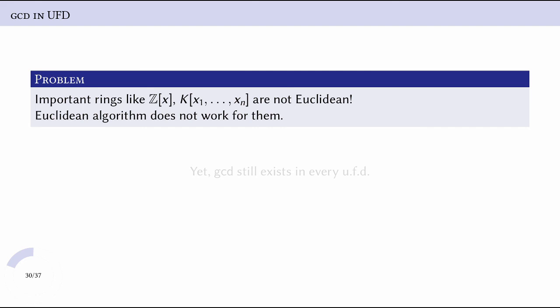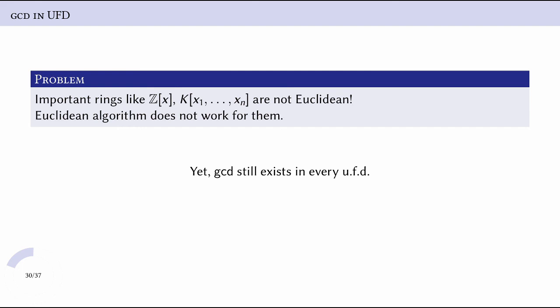We don't have division with remainder, so the algorithm does not work there. Nevertheless, the greatest common divisor still exists in these rings. However, we cannot compute it using the Euclidean algorithm, because the Euclidean algorithm uses division with remainder.